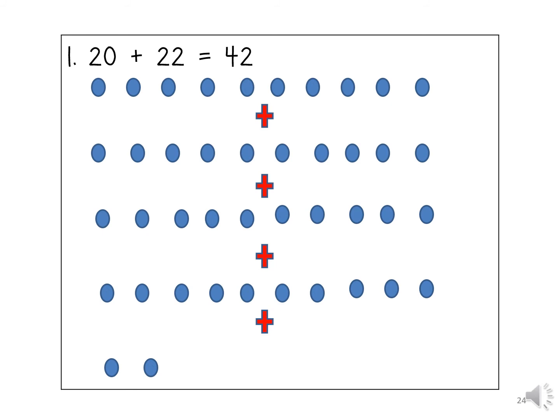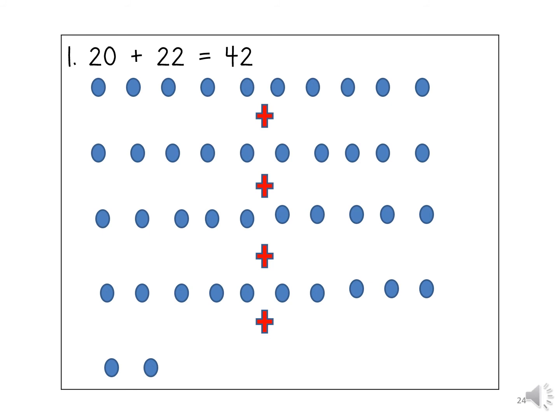Let us go through it. 20 plus 22 is equal to 42. How did I get that answer? So, in 20 I have 2 tens and 0 units. Then, in 22 I have 2 tens and 2 units.